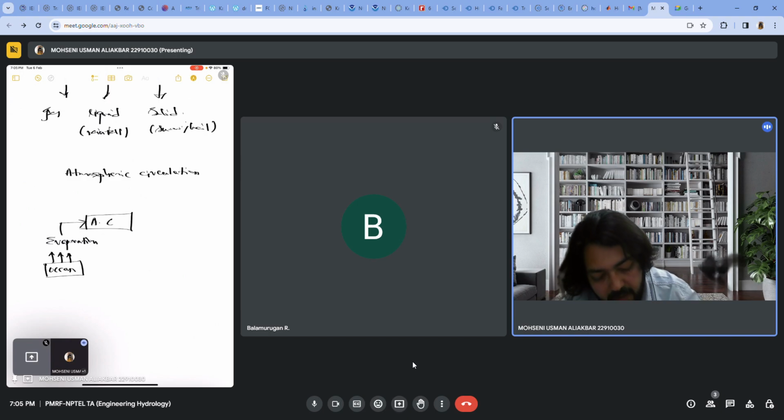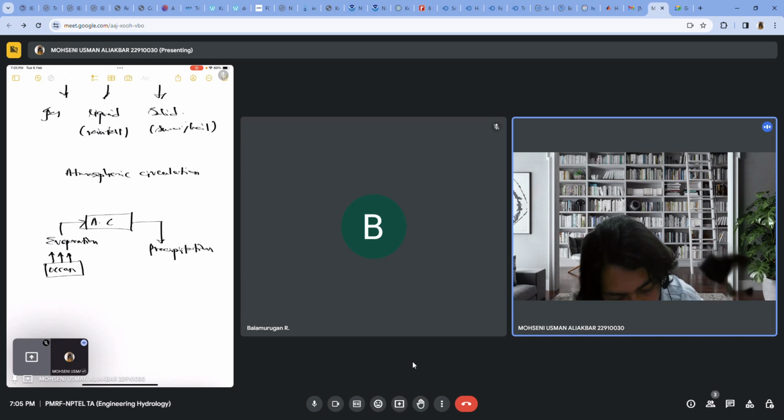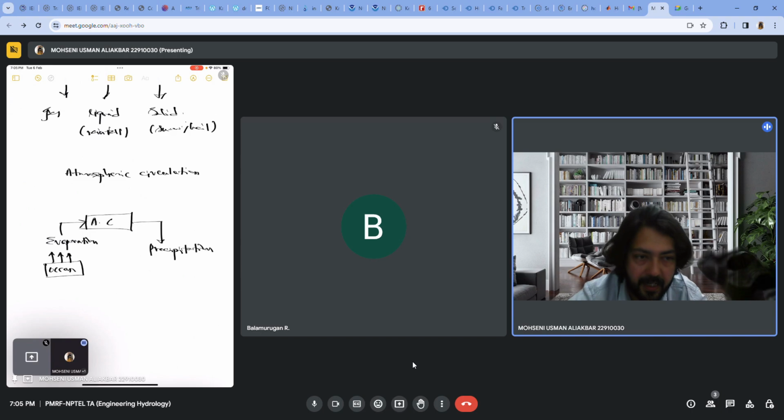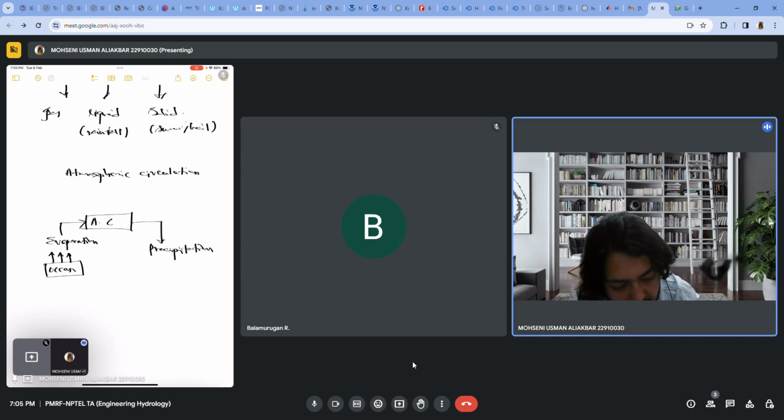Then this evaporated water enters the atmospheric circulation, and what we get is precipitation. How do we get precipitation? The evaporated water will travel to a certain height where the temperature falls and condensation starts taking place.